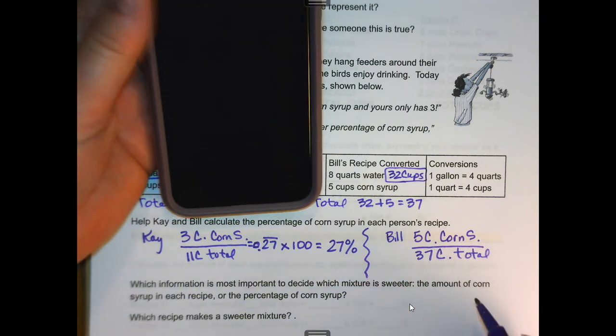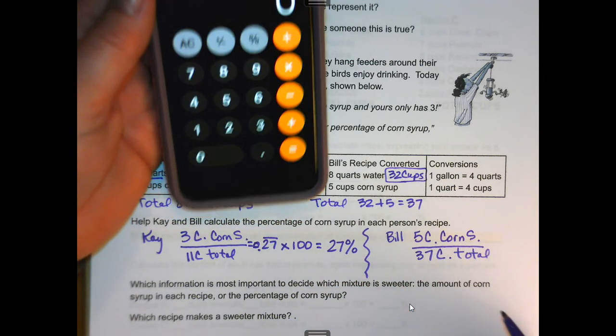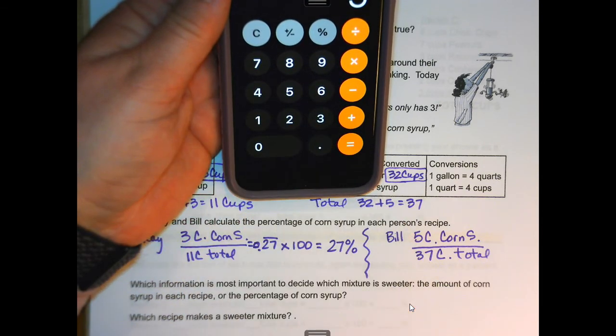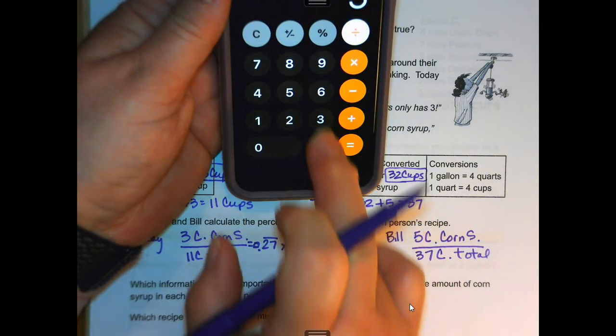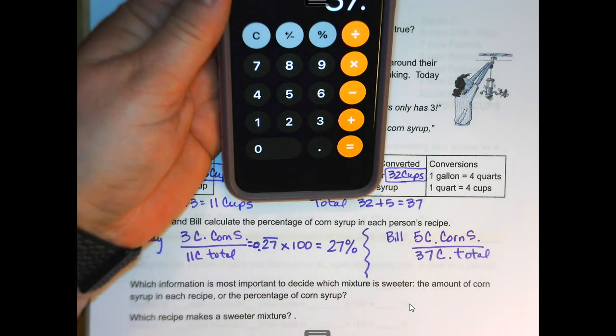Over here, we are going to do the same type of thing with Bill. Bill has 5 cups of corn syrup divided by 37 in his whole mix.